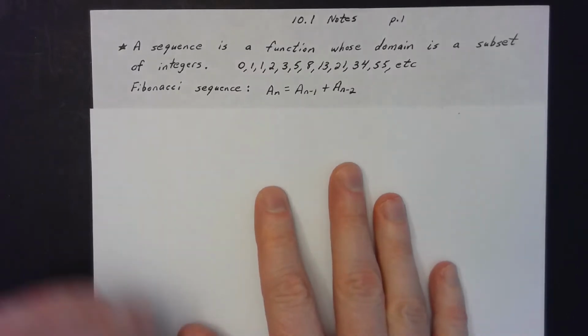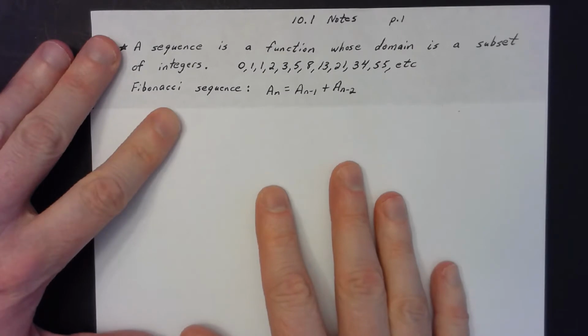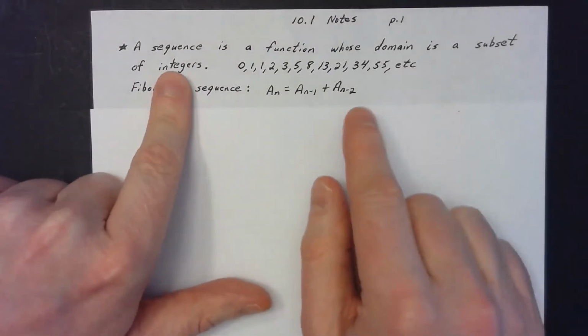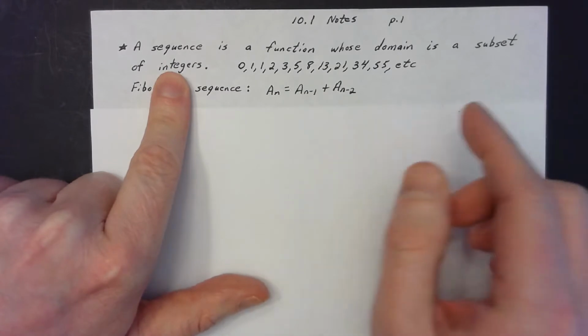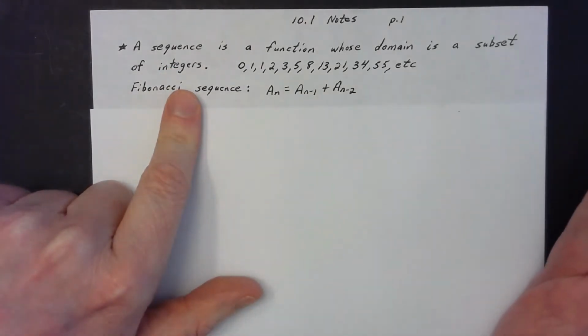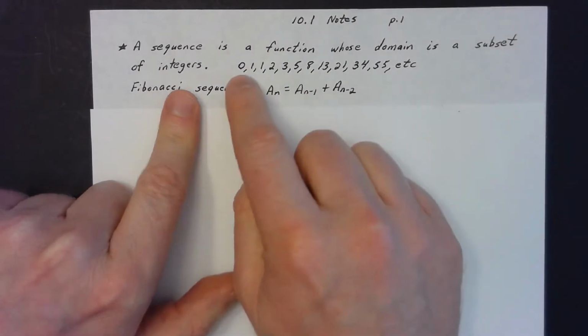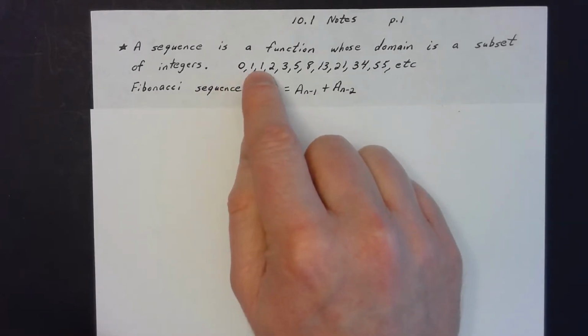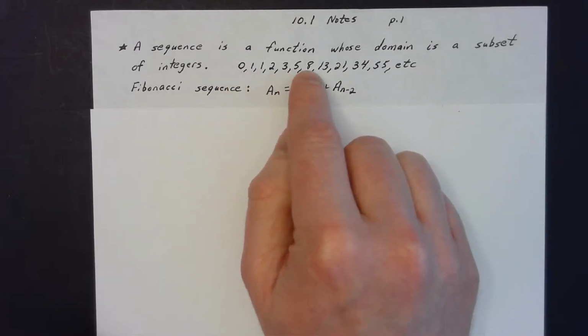For Chapter 10, we're starting off with a section that just talks about sequences. So keep in mind, guys, a sequence is just a function whose domain is a subset of integer values. So probably the most familiar sequence that you've been accustomed to is the Fibonacci sequence, where we say 0, 1, 1, 2, 3, 5, 8, 13.